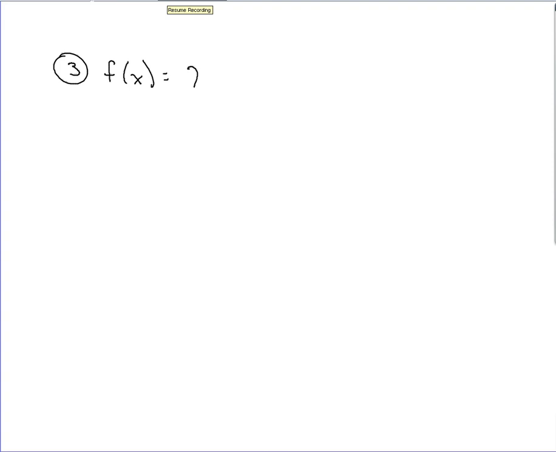All right, what if the given function is just a constant value like we have here of 7? What are you going to do to find the difference quotient ultimately? As we saw in the previous two problems, it was helpful to figure out what f of x plus h was first.